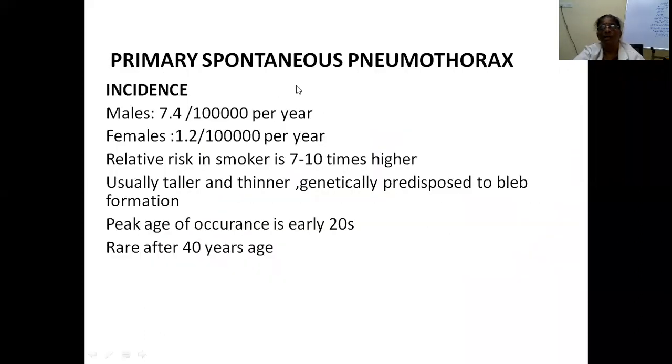Primary spontaneous pneumothorax occurs more in males than females, and the relative risk is higher with smokers, about 7 to 10 times higher. Tall and thin individuals are more prone to bleb formation and primary spontaneous pneumothorax. The peak age is generally early young age, less than 20 years or early 20s. In middle age, there will hardly be any primary spontaneous pneumothorax.